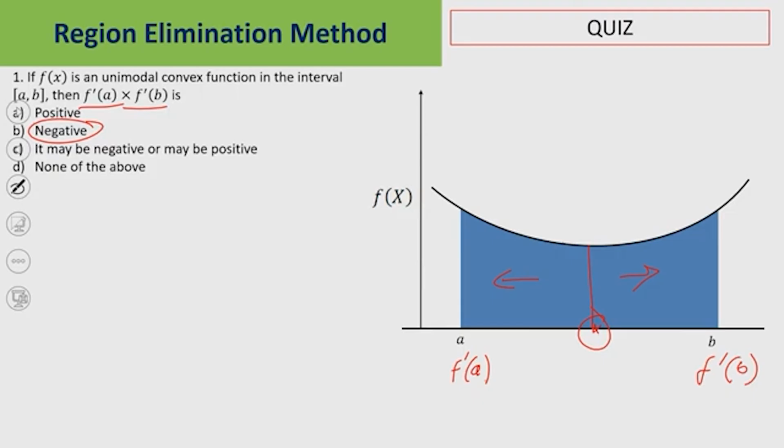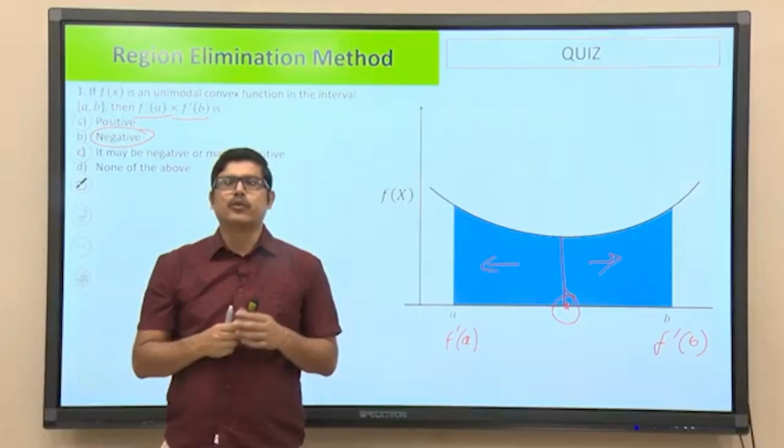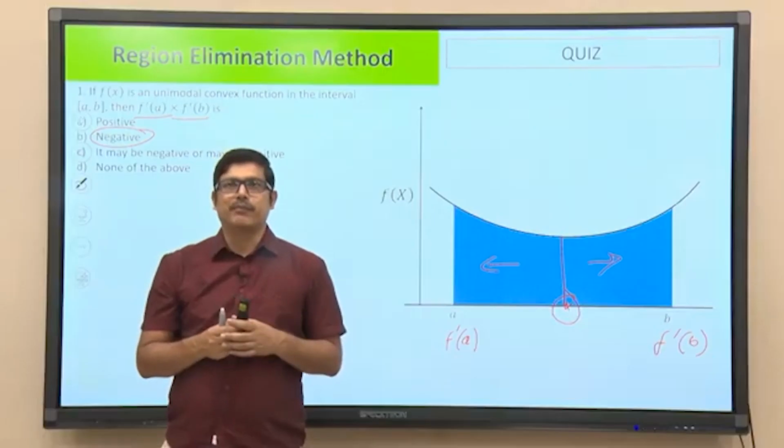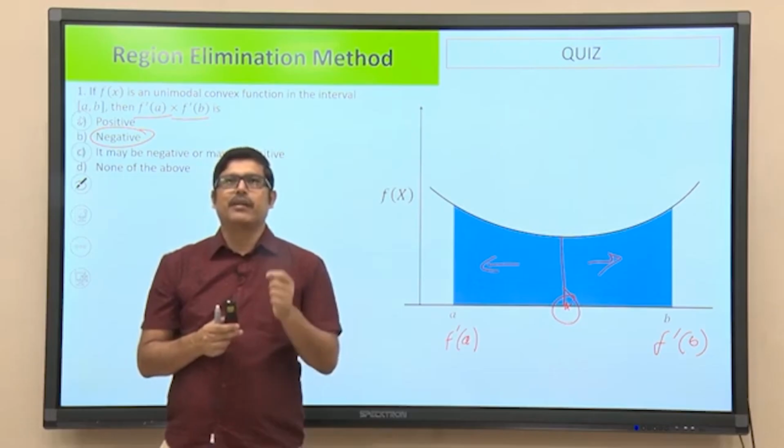Now, if it is a unimodal function, there is a minima between a and b, so f dash a into f dash b should be negative. Otherwise, I can say that for a unimodal function, if this product is negative, then there must be a minimum between A and B.